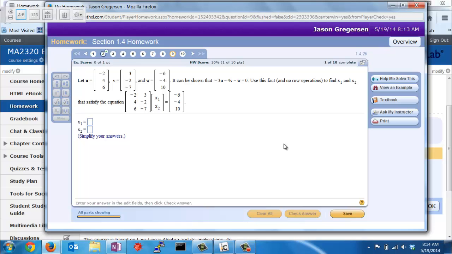That's just us taking this matrix equation and looking at it as a vector equation. Now think about it in terms of a vector equation. I'll say that this is x1, this looks like u, plus x2, this looks like v, and over here this looks like w, right?